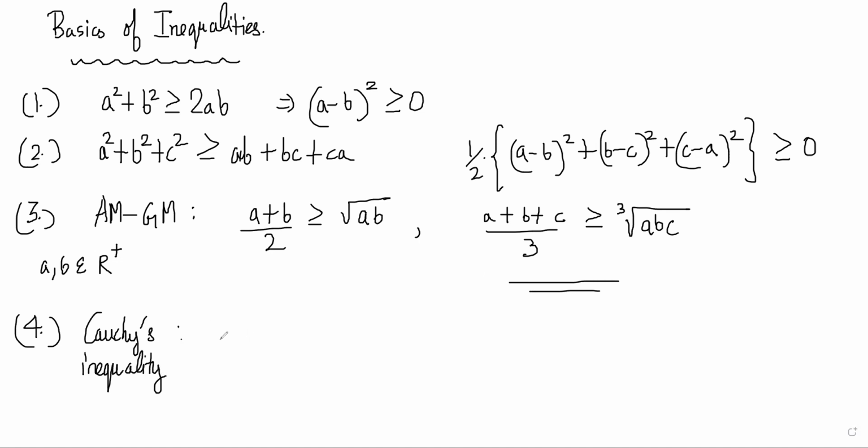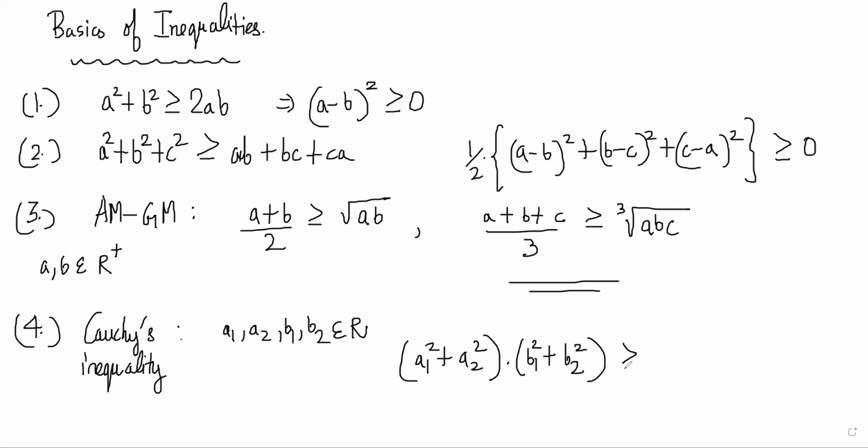Cauchy's inequality states that if a1, a2, b1, b2 belong to real, then we can write (a1 square plus a2 square) multiplied by (b1 square plus b2 square) is going to be greater than or equal to (a1 b1 plus a2 b2) whole square, right?